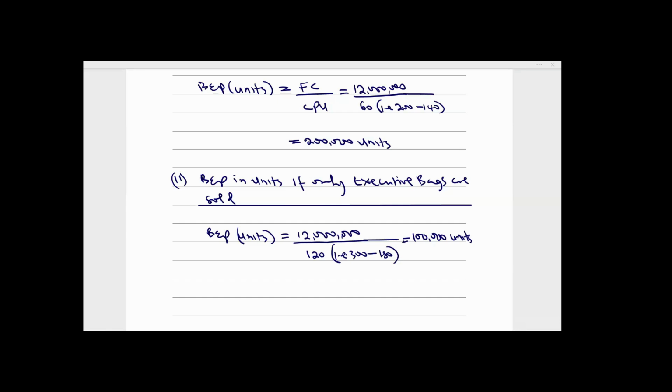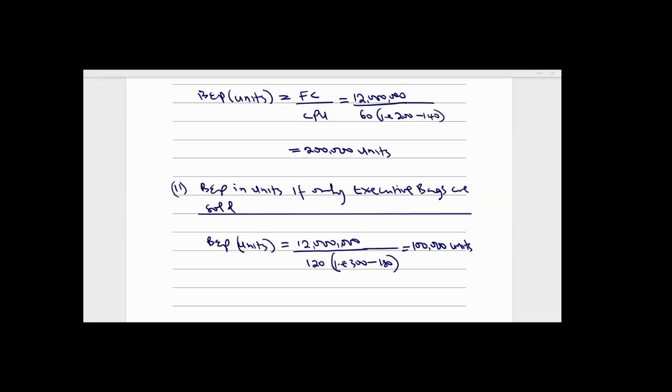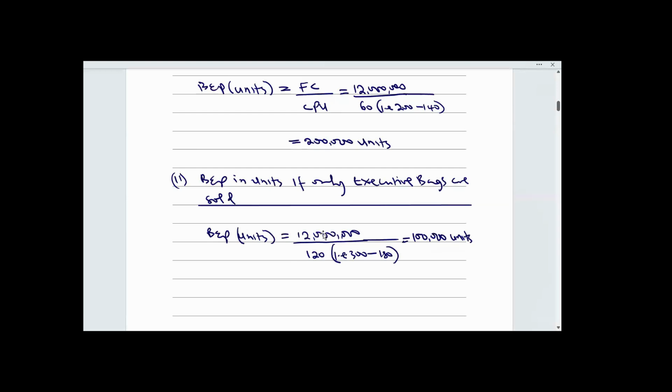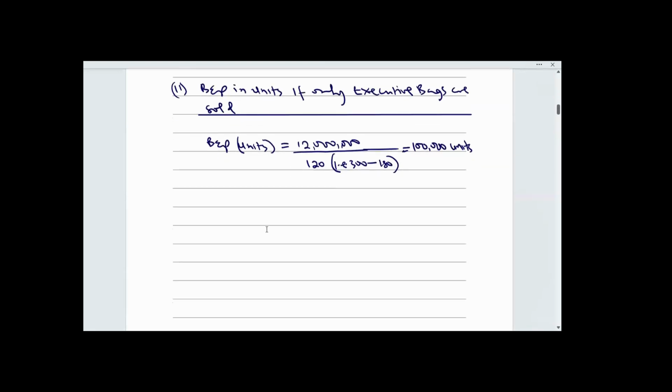Out of these 200,000 units, 20,000 is for executive. If 20,000 units is for executive, it means that the balance of 180,000 is for common. Therefore, you need to prepare the revised operating profits. After that, of course, you recalculate your overall contribution margin, then you recompute the break-even points in units.